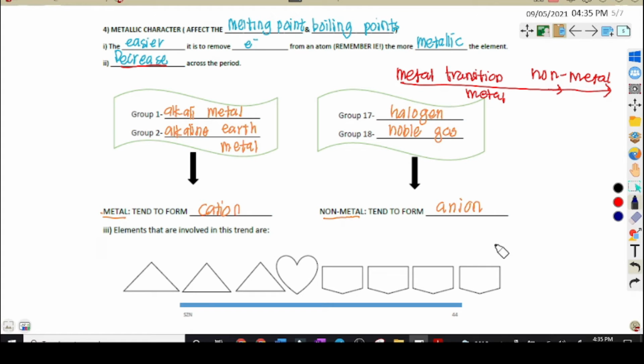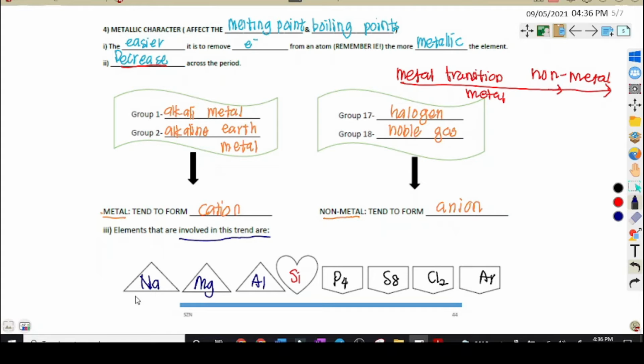We are not going to discuss all elements for metallic character in chapter 3. The elements involved in this trend are sodium, magnesium, aluminium, silicon, phosphorus, sulfur, chlorine, and argon gas.